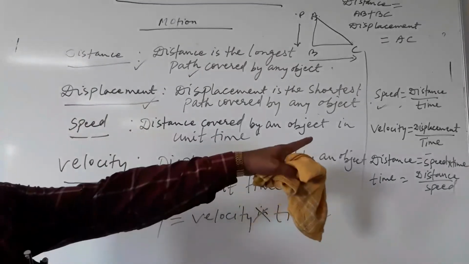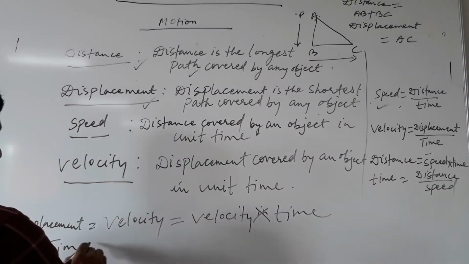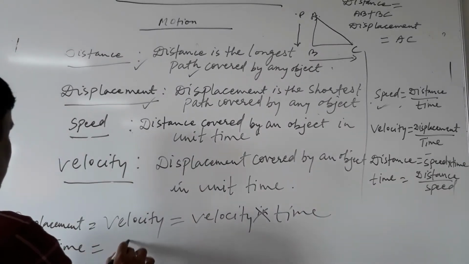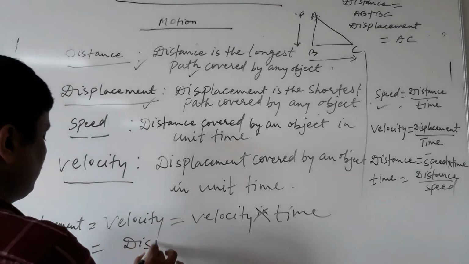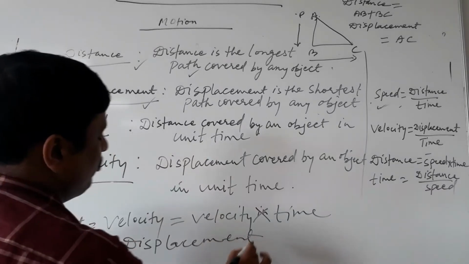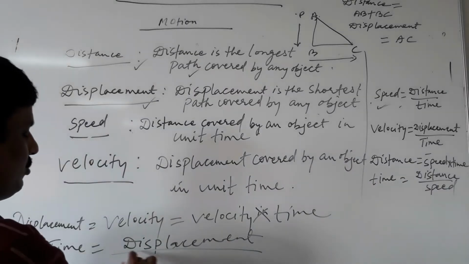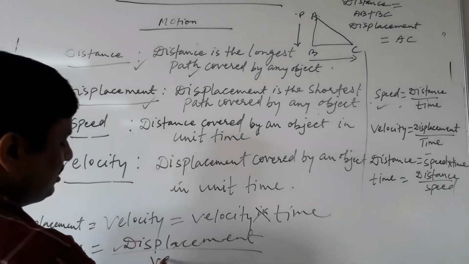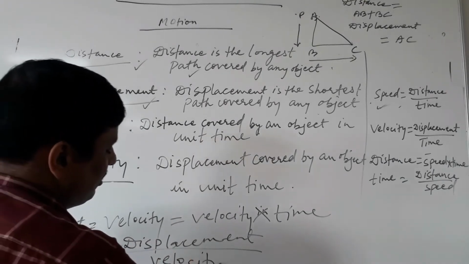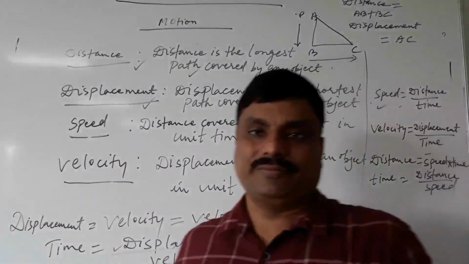And the last relation: time is equal to what? In this case, displacement by velocity. When the value of displacement is given, you must find time by using the values of displacement and velocity. These are the relations and formulas for the different physical quantities.